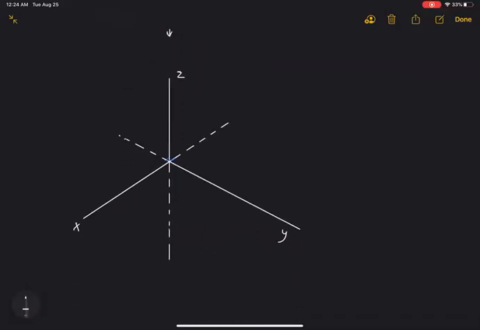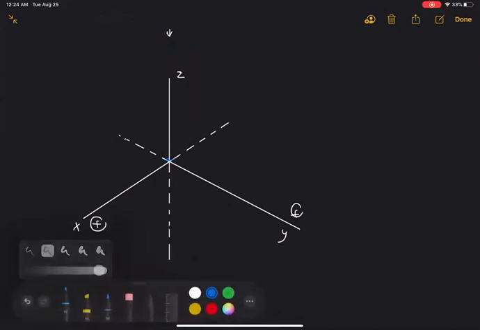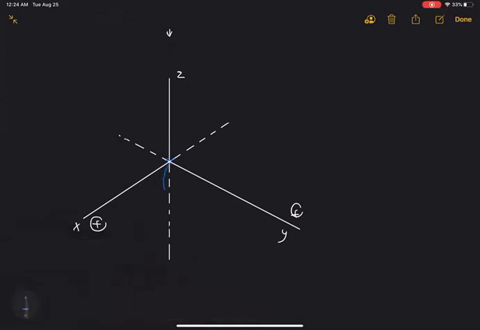If I was just restricted to the XY plane, remember this is the positive direction, this is the positive direction, so I should orient it correctly. It would be a parabola in the XY plane that looks like that.